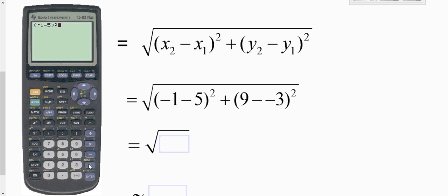And then plus the other set of parentheses, 9 minus, now they look the same here, but it's minus a negative, so hit the negative key, subtraction first, and minus the negative. Close parentheses, also to the second power.